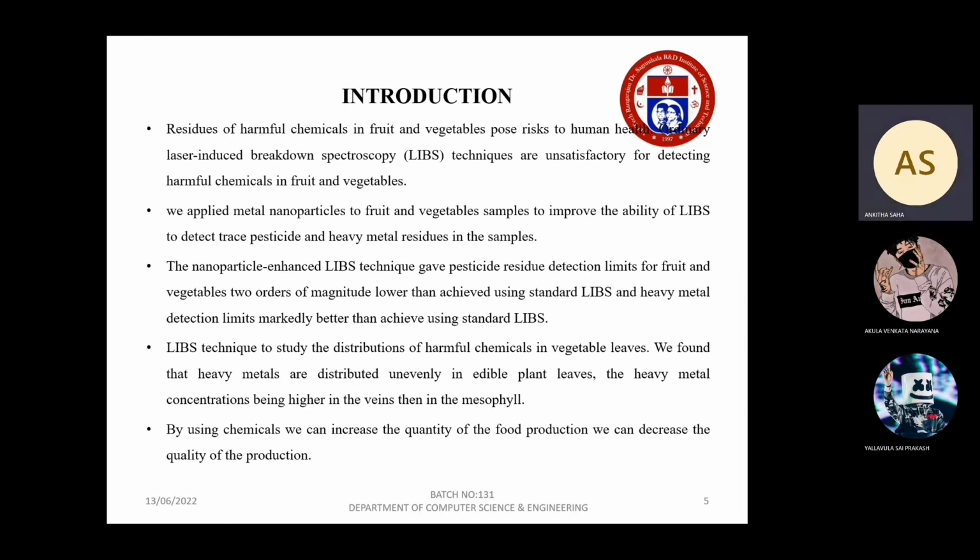Introduction. Residues of harmful chemicals in fruits and vegetables pose a risk to human health. As we know, these foods contain chemical products, which are really harmful for the human immune system. Laser induced breakdown spectroscopy techniques are unsatisfactory for detecting harmful chemicals in fruits and vegetables.